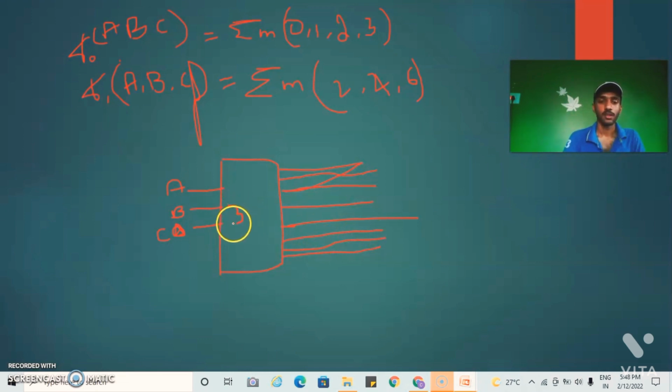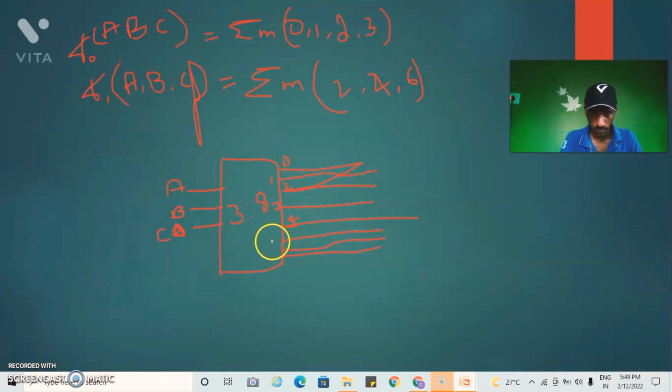So it is a 3 is to 8 decoder, named 0, 1, 2, 3, 4, 5, 6, 7. Let me draw the data line. This line is called a data line. Since I am going to implement two expressions, I require two data lines and two OR gates also.